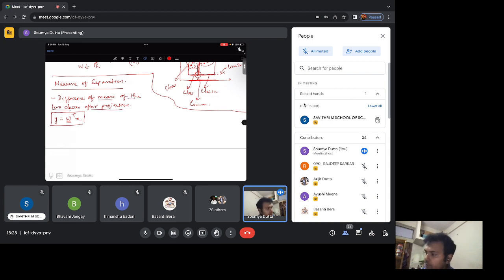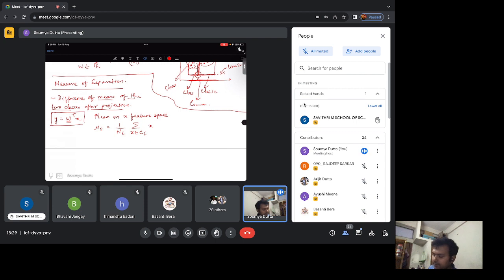So now we have the difference of means of the two classes after projection. That means we want to find out the mean after we project, right? When we were in the x space, the original higher dimensional space, we were not projecting it, and what we had was the mean in the x feature space, let's say mu i, which is 1 by ni, where ni is the number of points belonging to class i, summation over x belonging to class i of x.